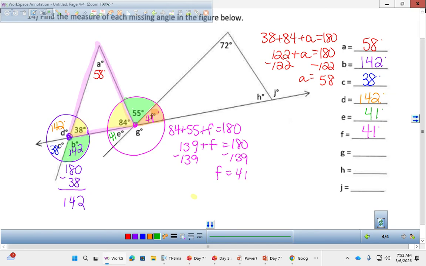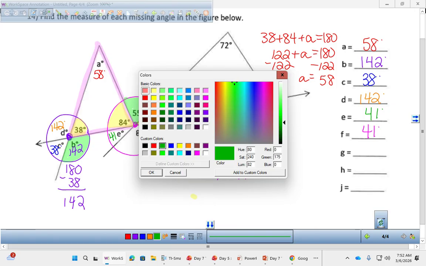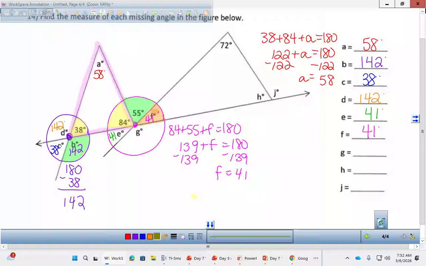There are a few different ways you can attack G. You can add 84 and 55, since these two angles together are vertical to this one, so you could do that. Or would you agree that 41 and G are the bottom half of the circle? So I could also subtract from 180. However you want to look at that, right? We could do a bunch of different things. I need a different color. All right, so for this G, I'm going to do 180 minus 41, or you could add those two together.